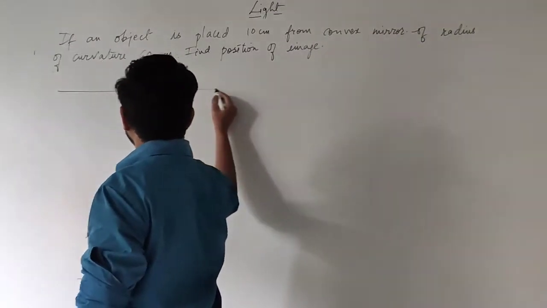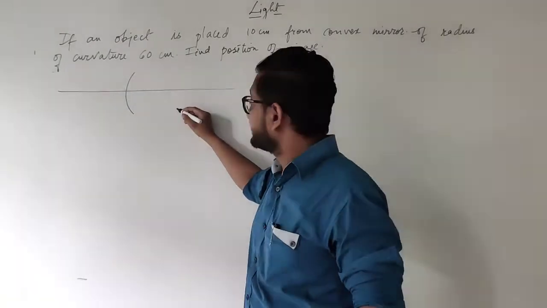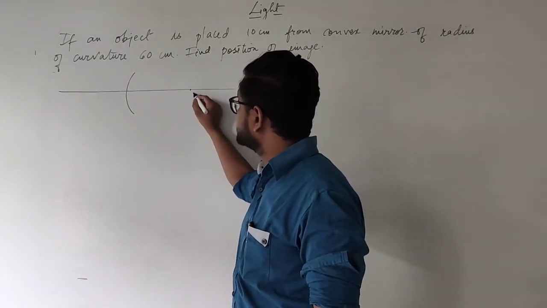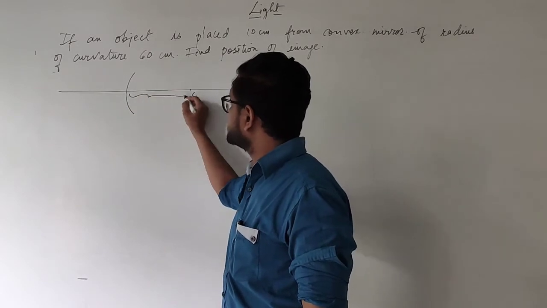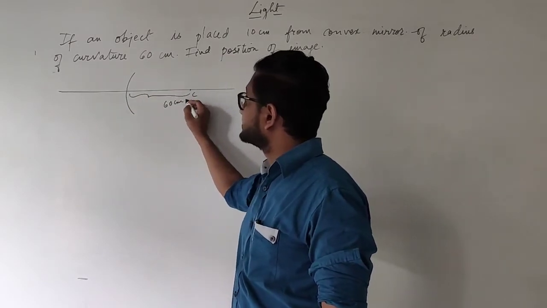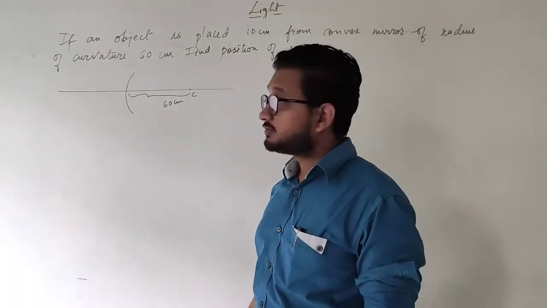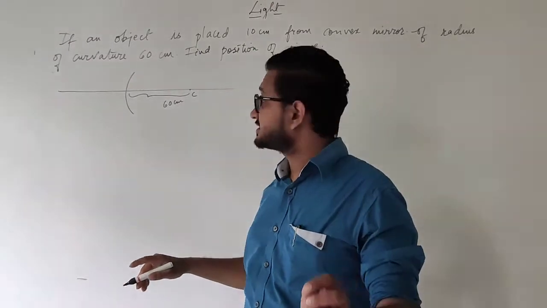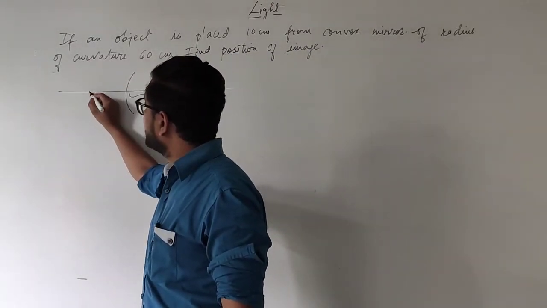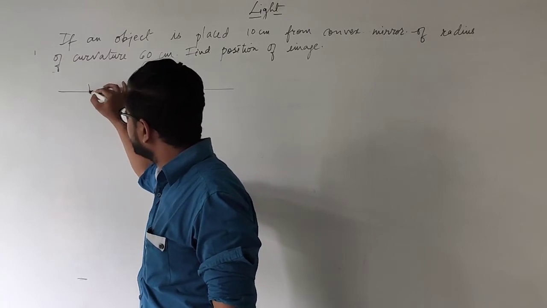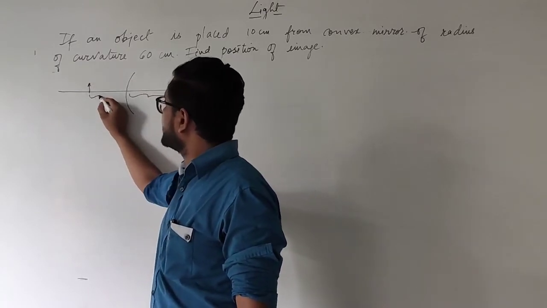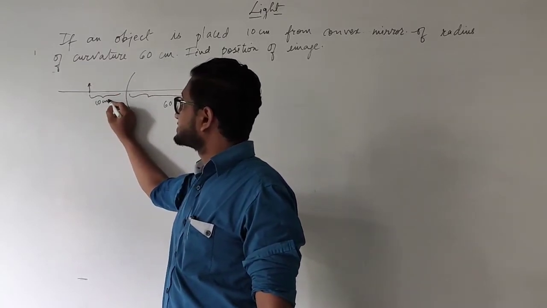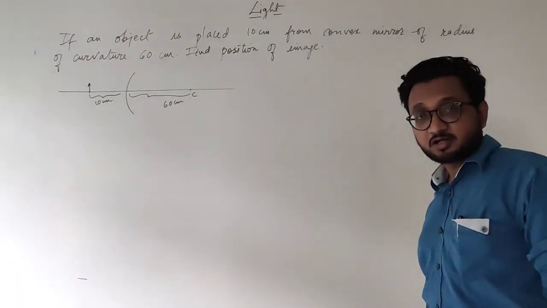That means if you draw a small and rough ray diagram, the radius of curvature is over here and this distance is 60 centimeters. And you know that the object is always on the left hand side, like I said just now. That means the object is placed somewhere over here like this. Okay, and that distance is 10 centimeters. Understood?